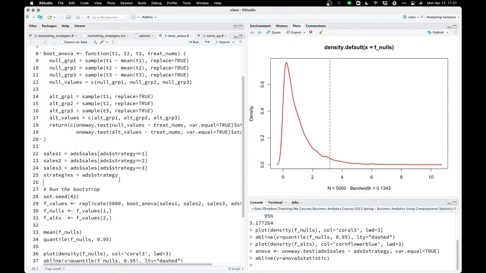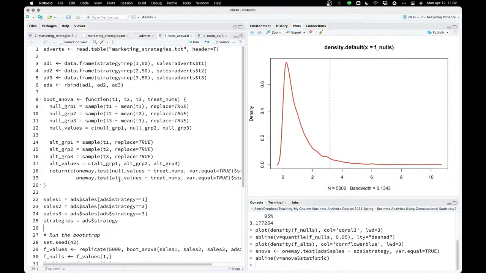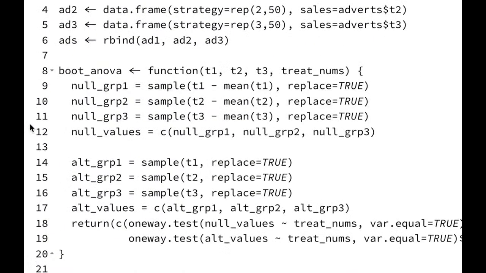So that's just a recap of simple one-way ANOVA, and how to bootstrap it. And again, the trick is always to think about how to set up the null, how to set up the world where the null hypothesis is true. In our case, the means are similar, not the same.